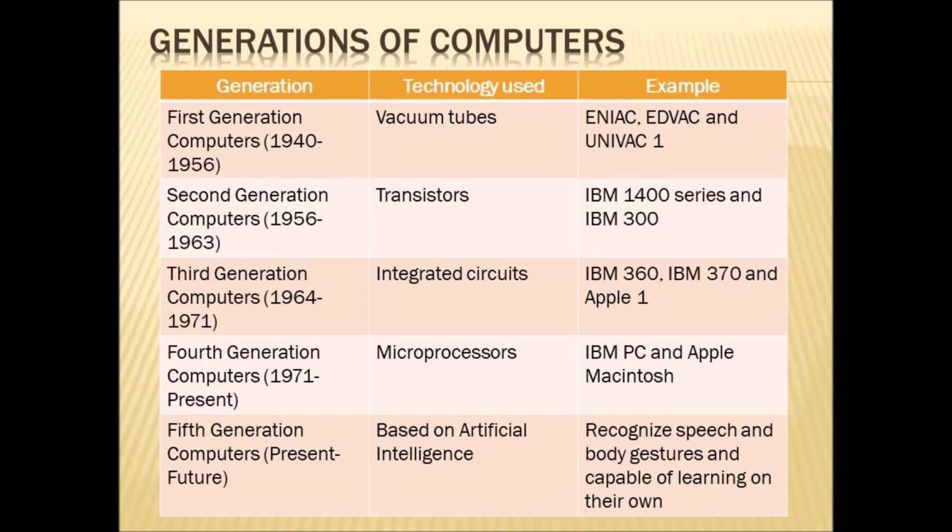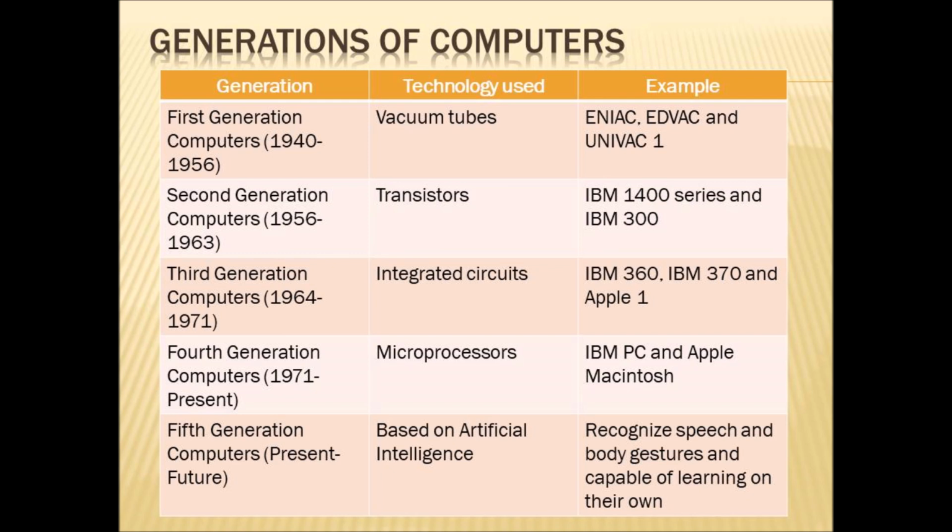Next, second generation computers. These were used between the years 1956 to 1963. Transistors were used in the second generation computers. Examples for this generation are the IBM 1400 series and IBM 300. Next, third generation computers.